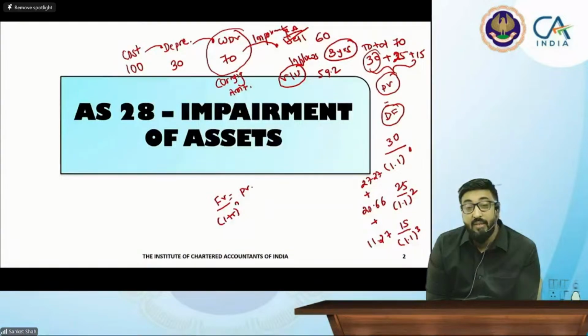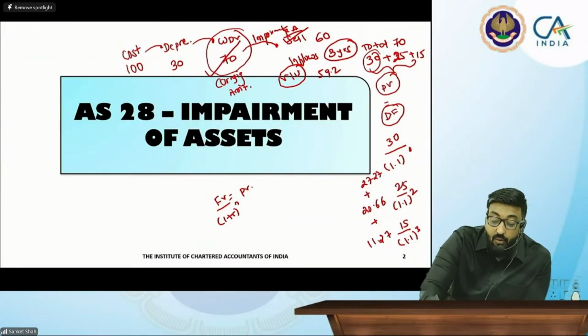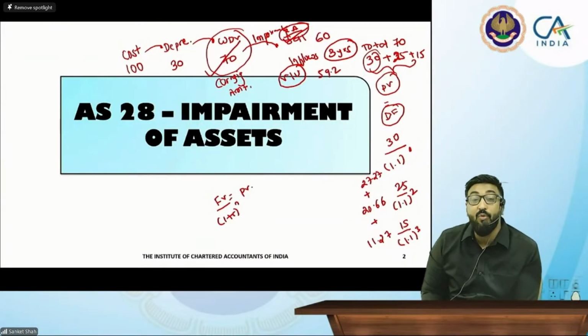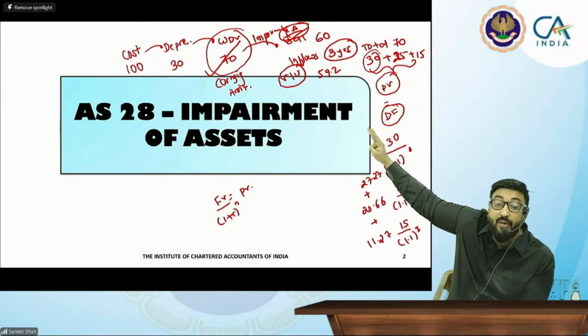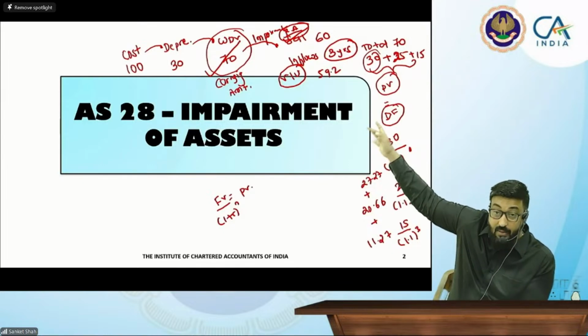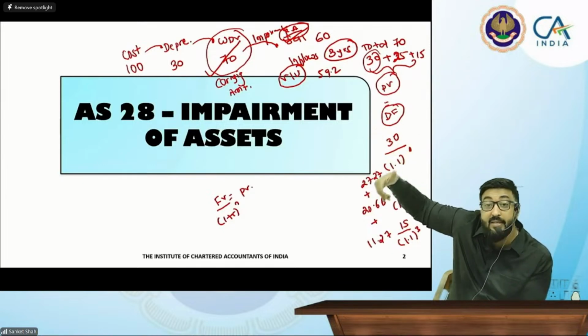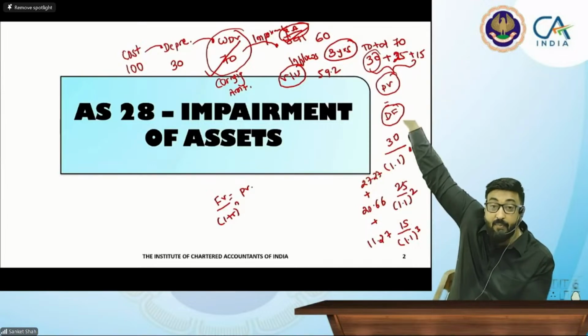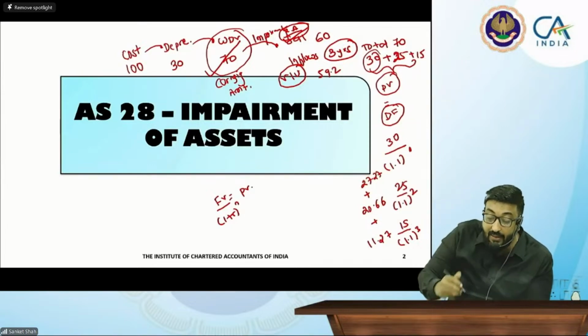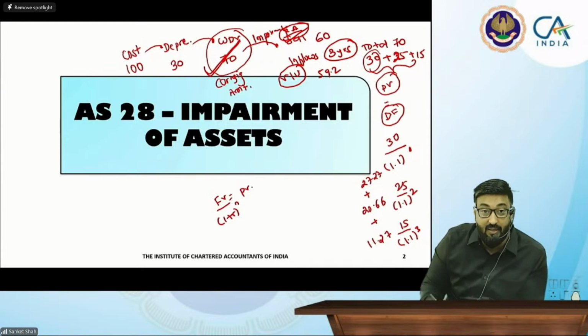सर 70 से आपको 60 पे आना है। आपको कंपैरिजन, यू डोंट हैव टू डू प्रीति कुमारी जी, कंपैरिजन ऑफ बुक वैल्यू and recoverable amount I'm going to compare, and recoverable amount I'm going to take higher of selling value and present value of future cash flows, that is value in use, and इसमें से higher लूंगा and that I will compare with 70.